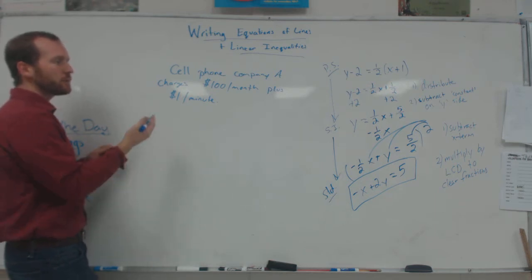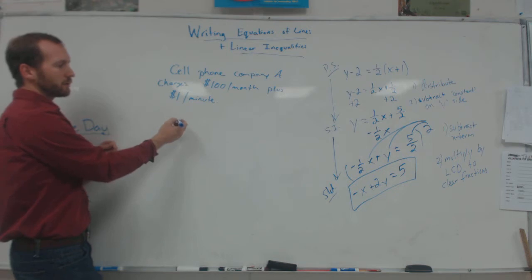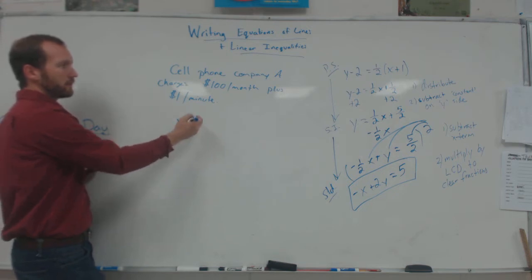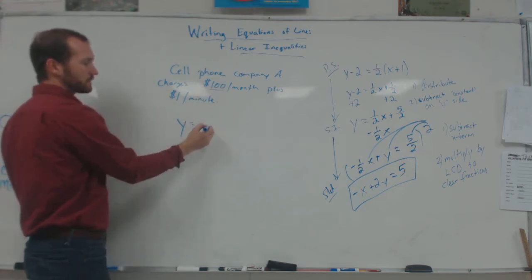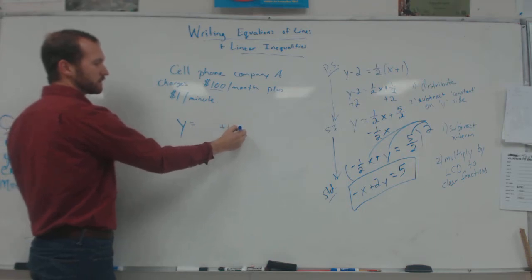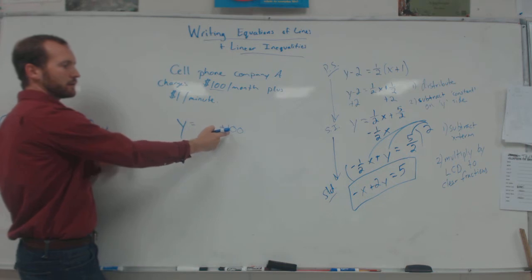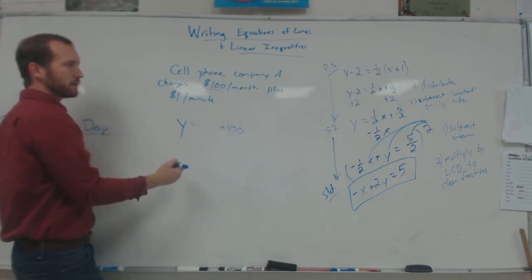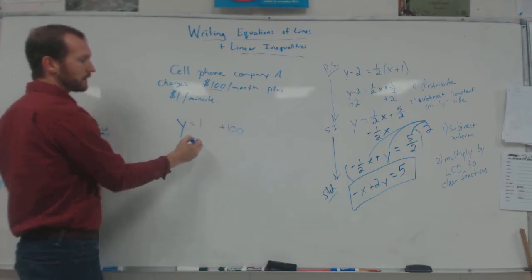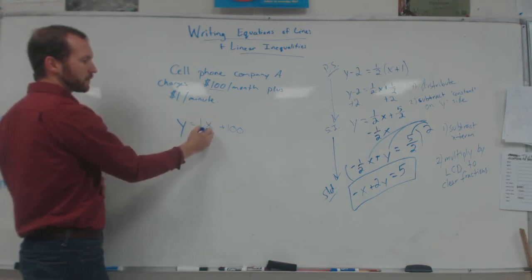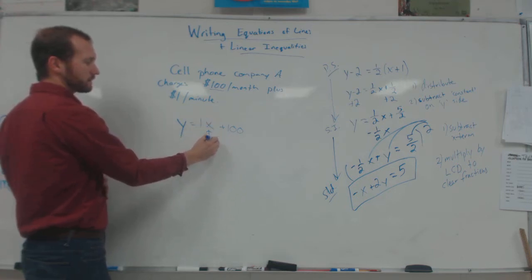Now, assuming that we're writing the equation for one month, the 100 is not changing. So the easiest way to think about this is plus 100. No matter what, we're going to pay $100. And then we're going to pay $1 times the number of minutes.